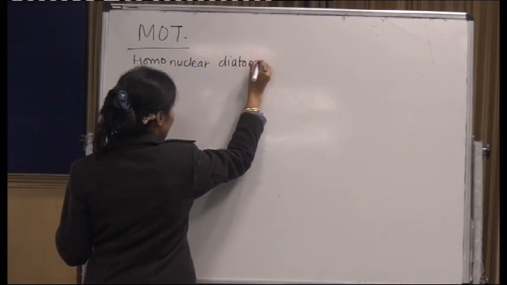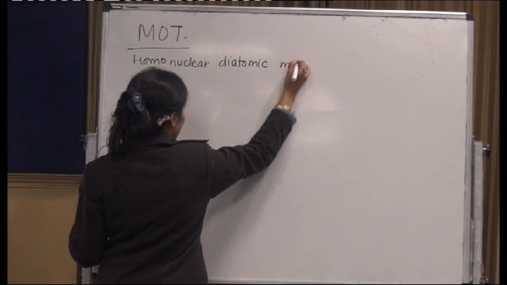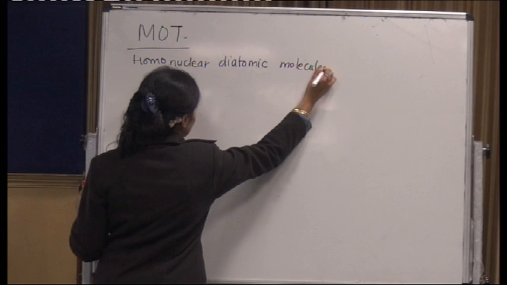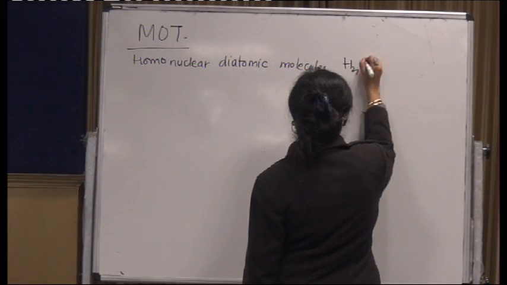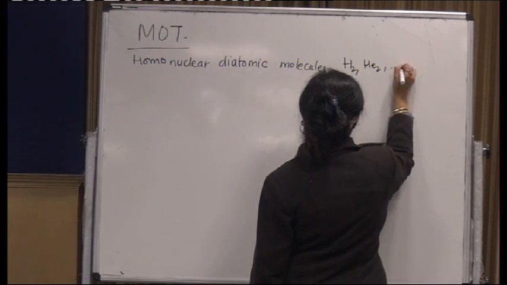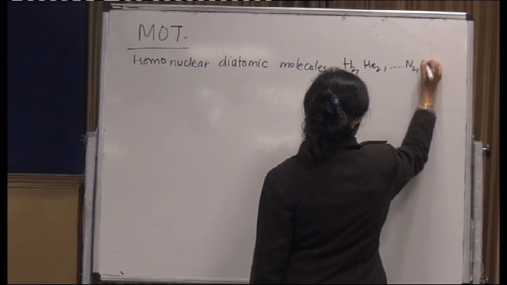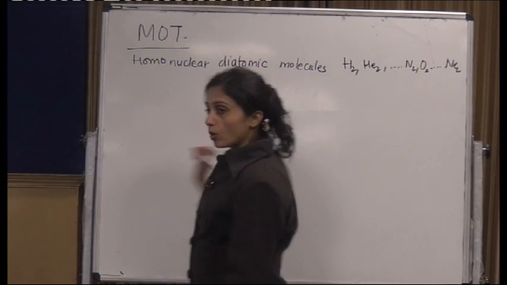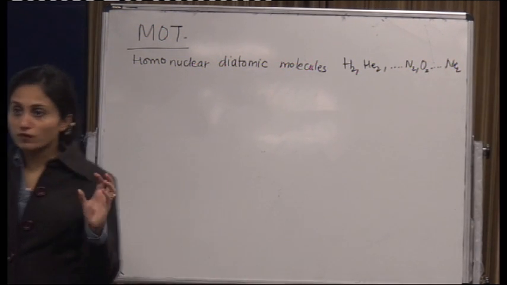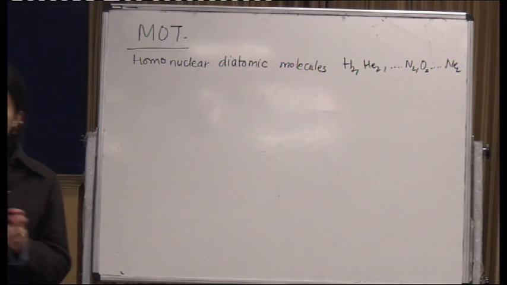Diatomic means only two atoms. Like you can talk about H2, He2, and so on till N2, then O2, and then Ne2 and further on. So all these are two atoms of the same type combining with one another.